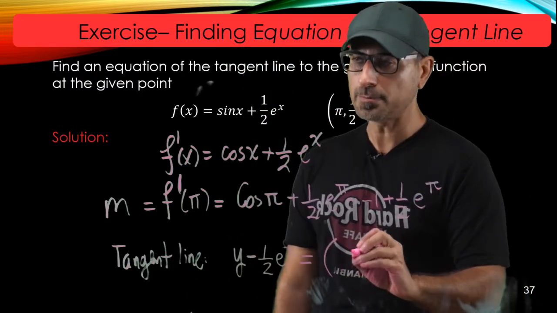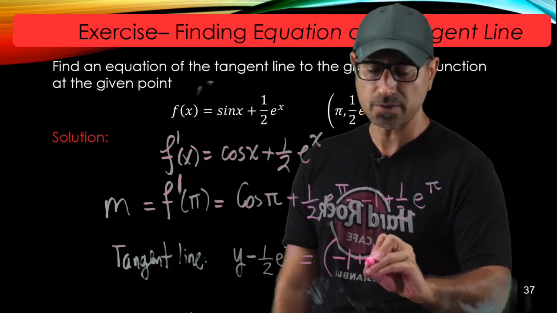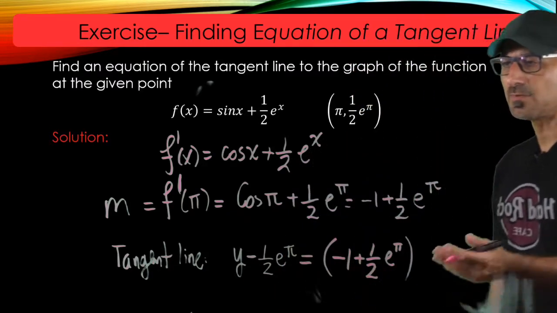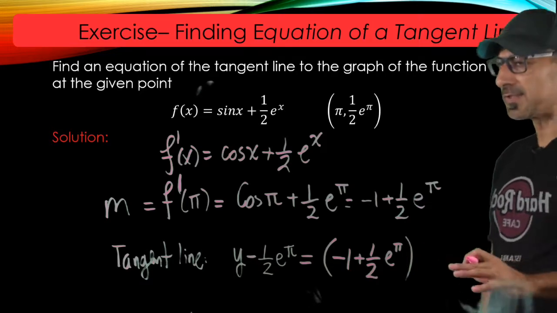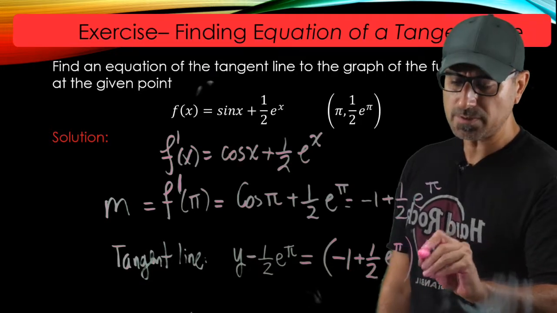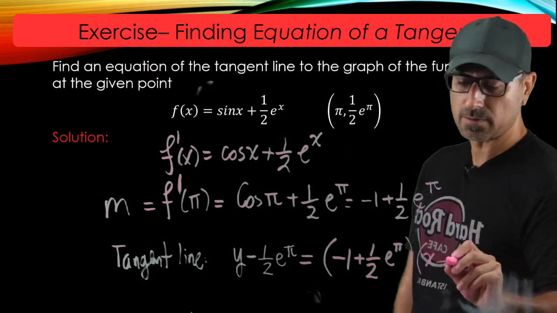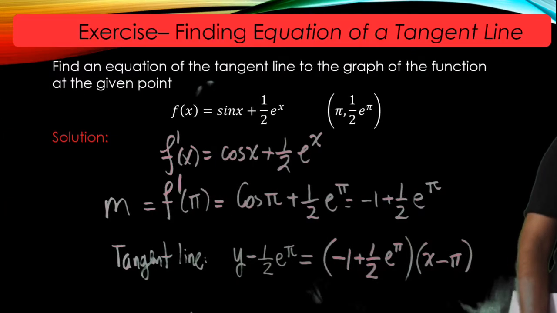Let me just put that in parentheses because it's a long expression. At this moment, I avoid using a calculator because that's going to come with decimal places. You're going to keep everything exact here. Times x minus the x coordinate of the point, that's exactly equal to pi. We got the tangent line.